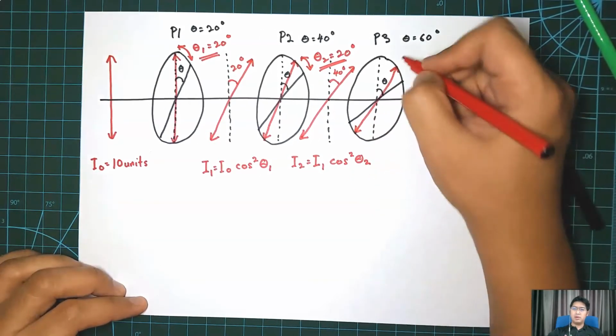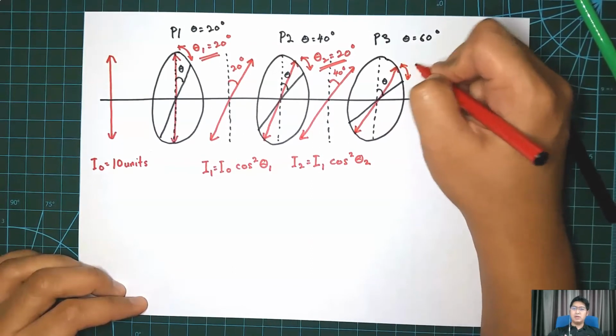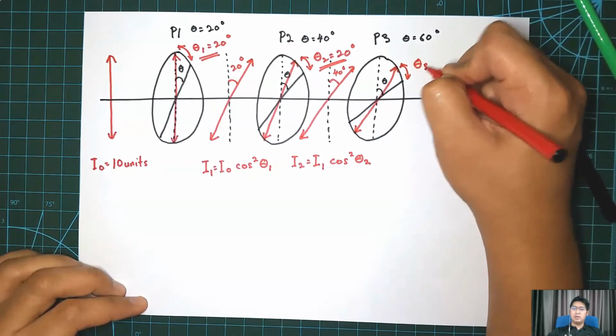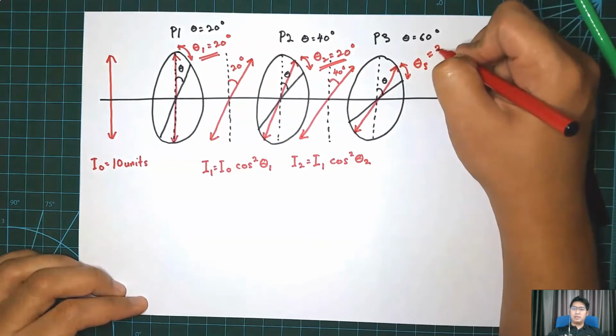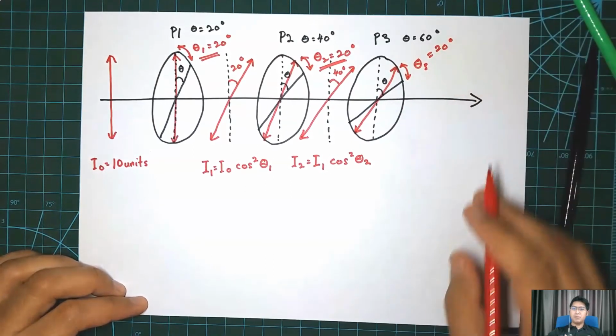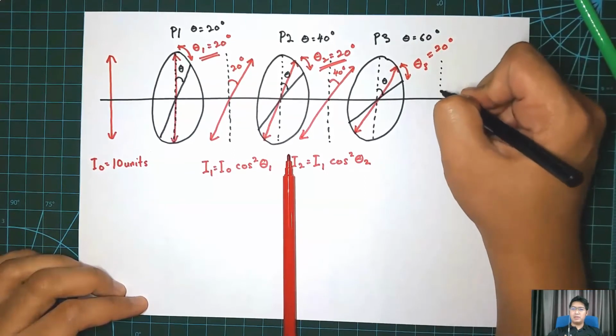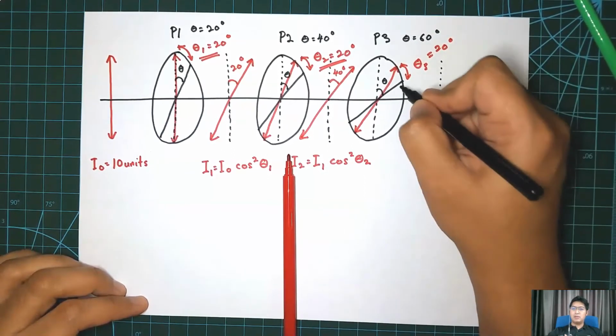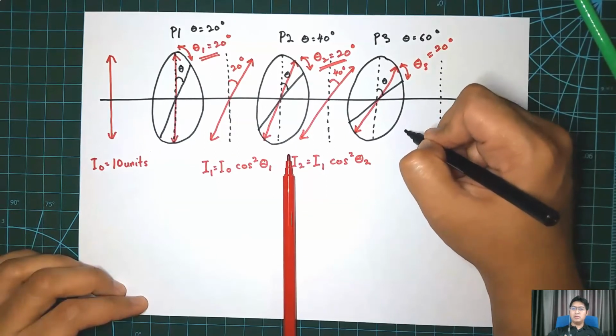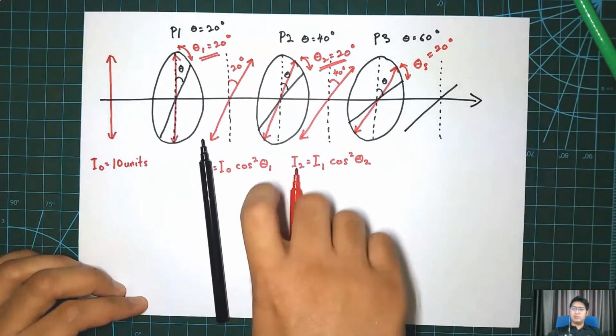And then for the third polarizer, the incident light must follow the direction of the light coming out from the previous polarizer, and the incident light on the third polarizer makes a 20 degree angle with respect to the transmission axis.